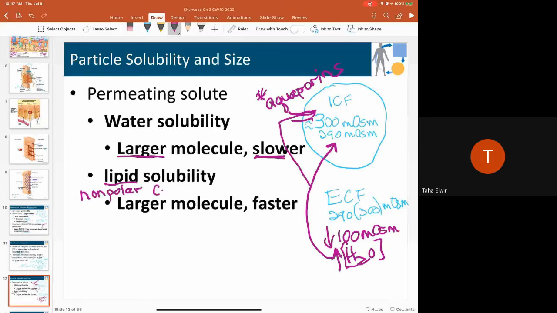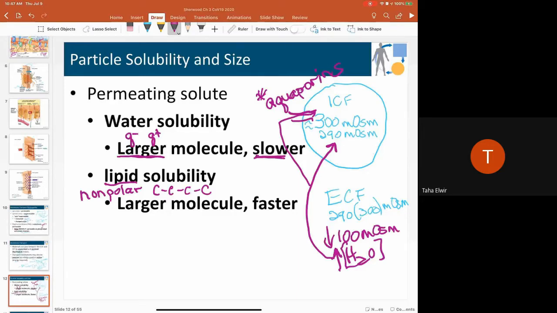That means it's got carbon, carbon, carbon chains on it. In the lipid soluble, it's got charges on it, positive and negative charges on it. And so it's got multiple charges. The larger this molecule is, the slower it's going to move across.